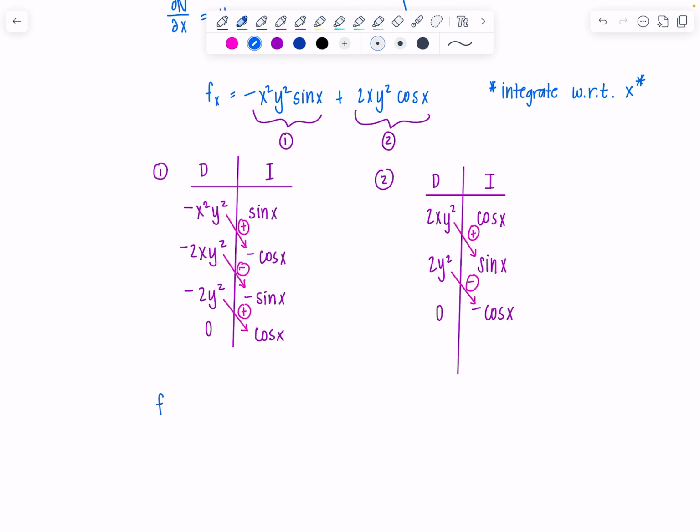So f of x, y, let me put of x, y. It's nice. Equals. We take this product here. Don't change the sign. These two negatives will cancel out, however. So that's going to be x squared y squared cosine x. Then we take this product here. These negatives cancel, but I'm going to add one more.